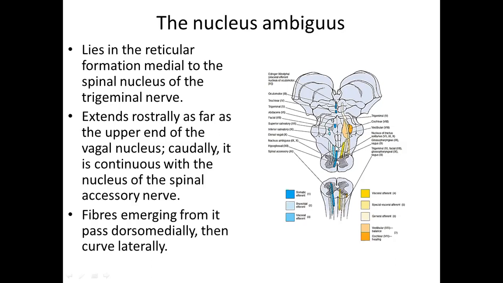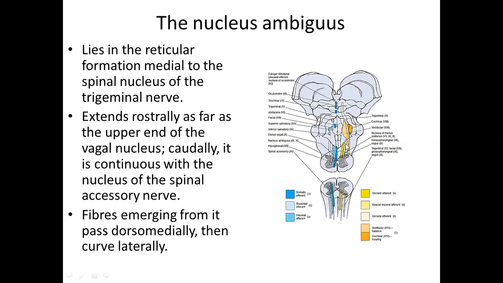This is exhibited by the facial nucleus as well as the nucleus ambiguus. Here the source of sensory stimuli is said to be the spinal nucleus of the trigeminal nerve. So that is why in the cut section, you will see the nucleus ambiguus, though belonging to the branchial efferent column, lying close to the spinal nucleus of the trigeminal nerve.